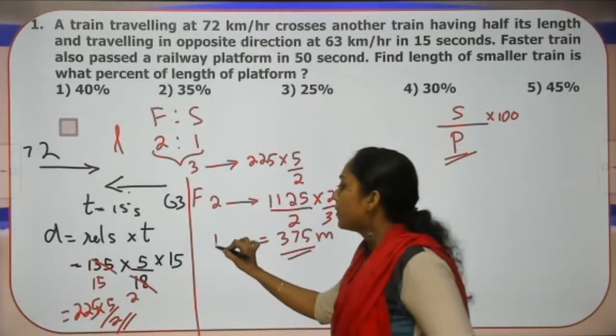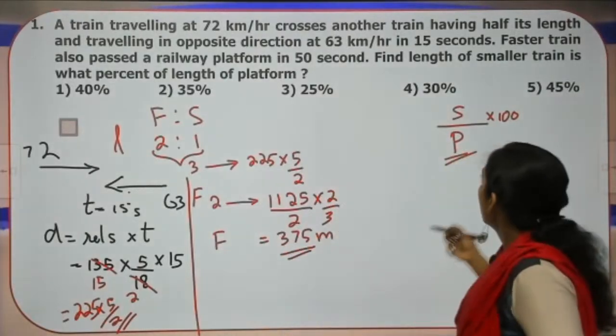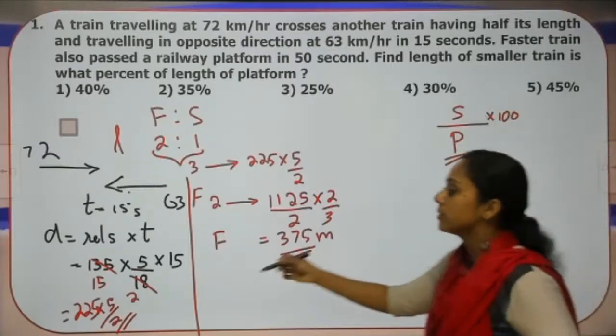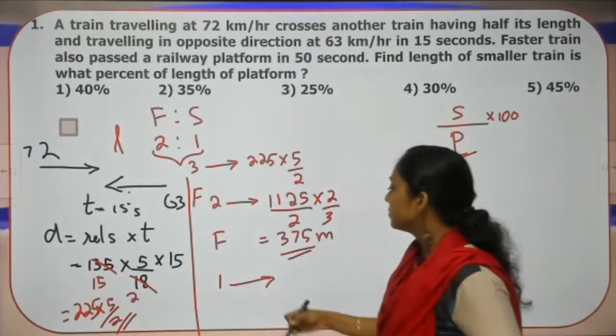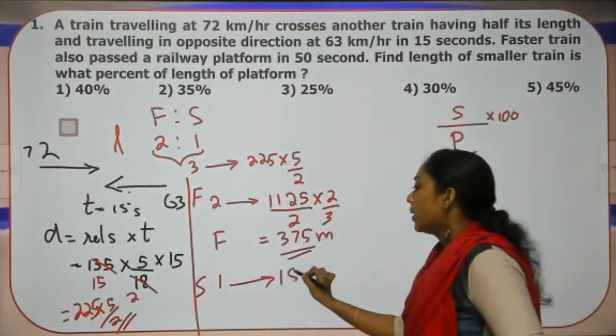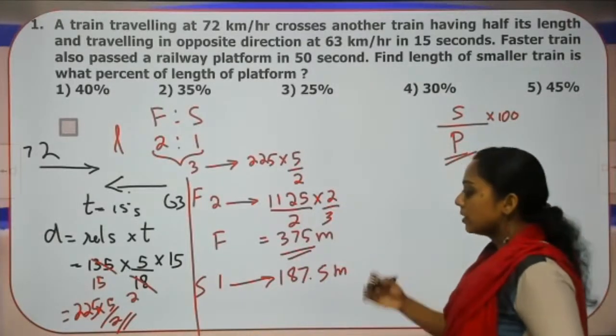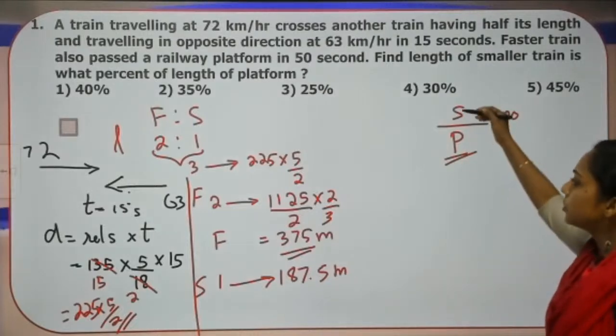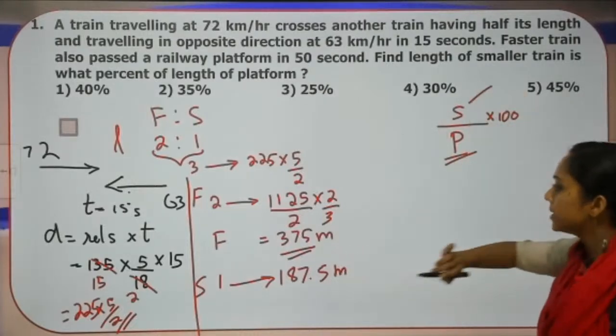Okay, so length of faster train is 375 meters, but here what we need is a slower train, so that is 1. So 1 is the length of slower train, just take its half, that is 187.5 meters. Now you see you got the length of the slower train, that is 187.5.